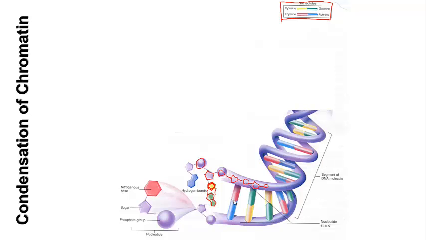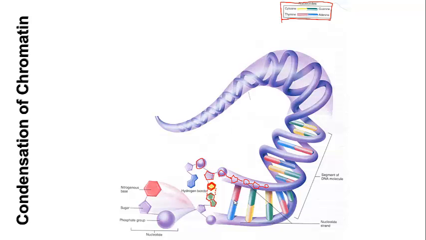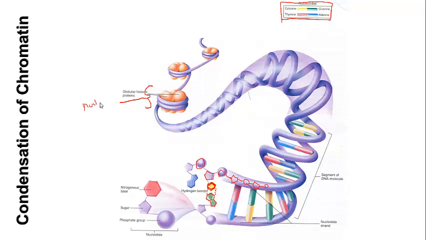So now here we have the double helix of the double-stranded DNA molecule, and now this double helix is going to be spooled around these octamers of histones. Okay, and all together we have one nucleosome here.